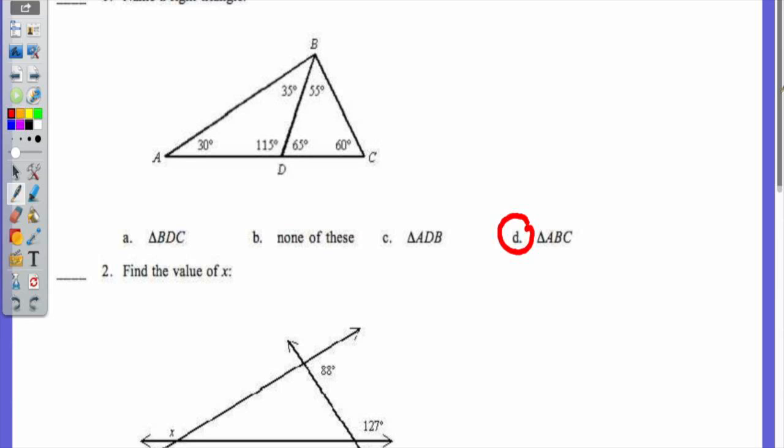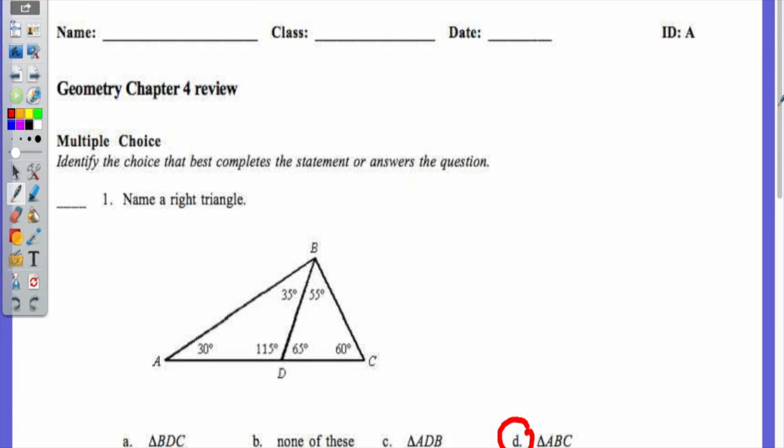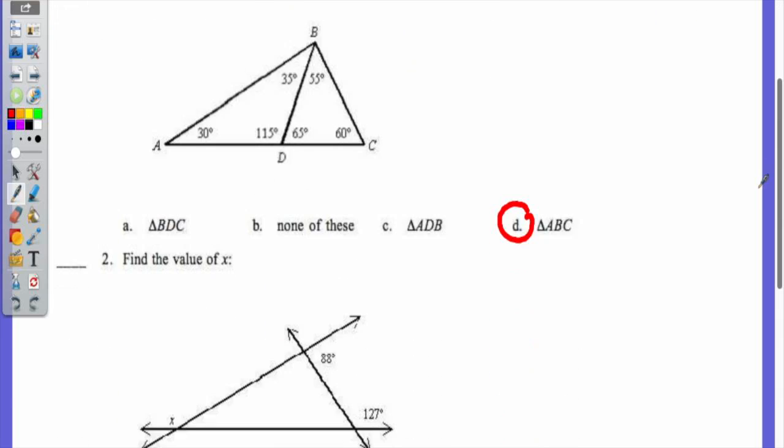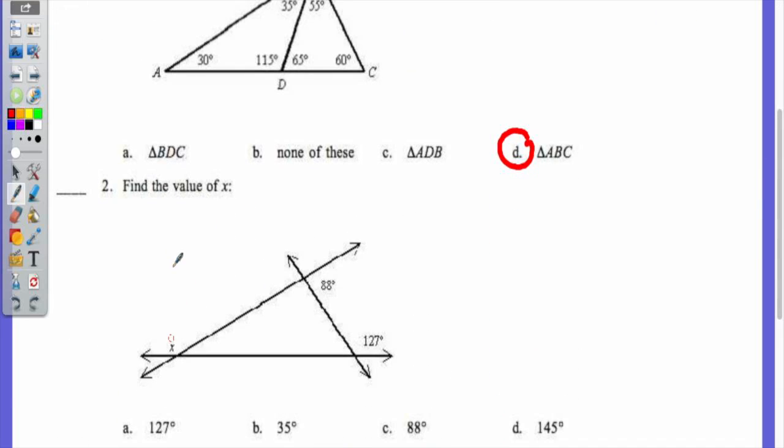Okay. Number 2, they're actually doing the exterior angles theorem. The measure of this angle plus this angle is going to equal the exterior angle. So the red dot and 88 are a what? Linear pair.